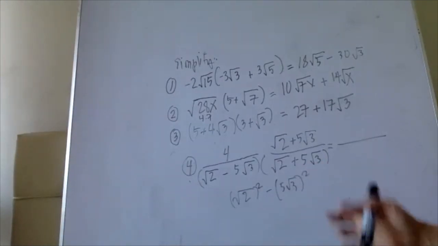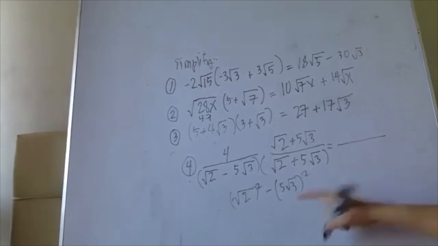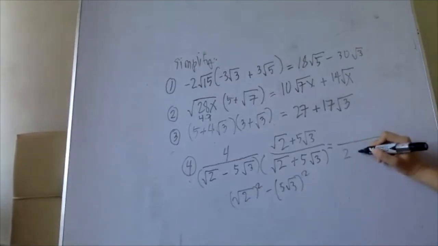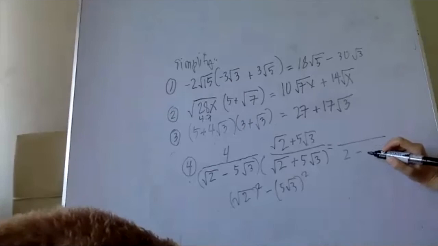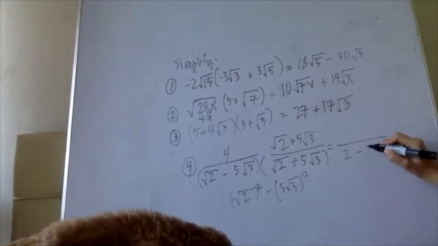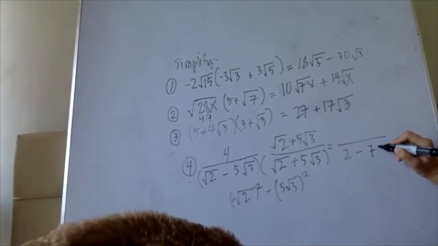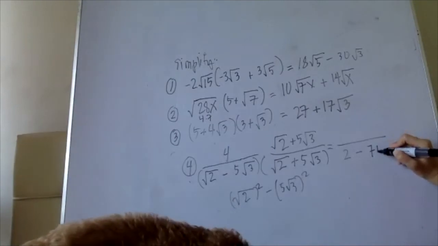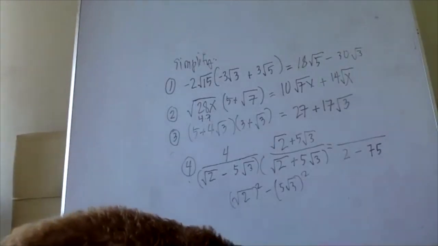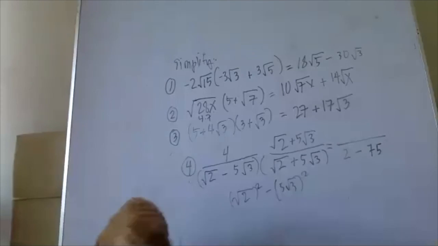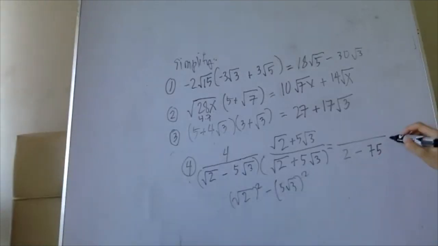Kung hindi kayo convinced, gawin niyo yung FOIL method. Okay? So here, 2 minus 25 times 3, that's equal to 75. Okay? Or, yung nasa baba natin basically is just equal to negative 73.